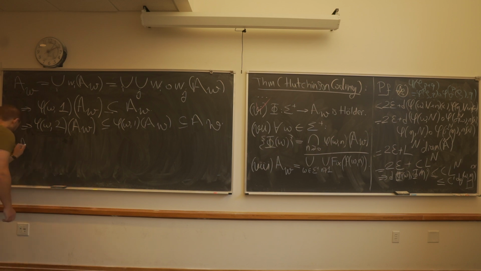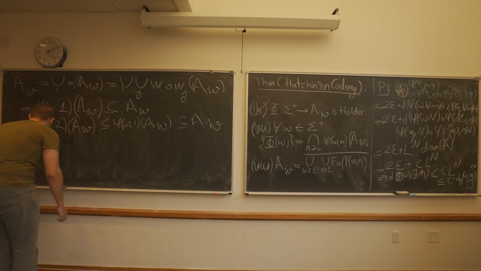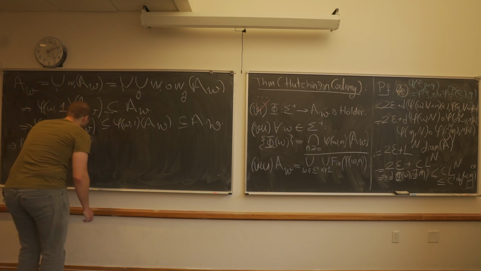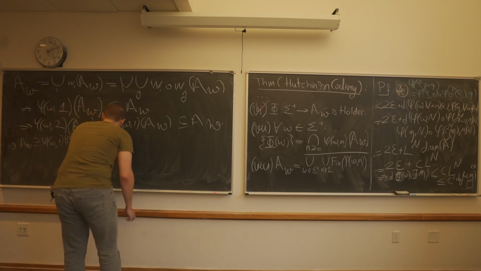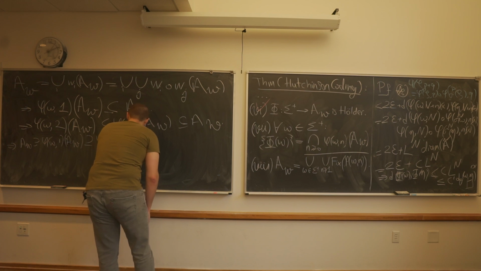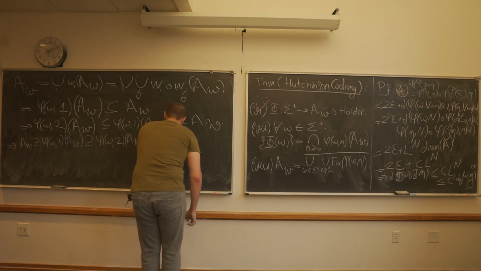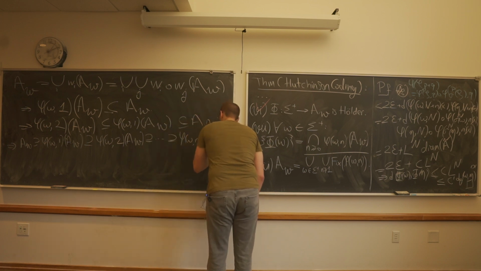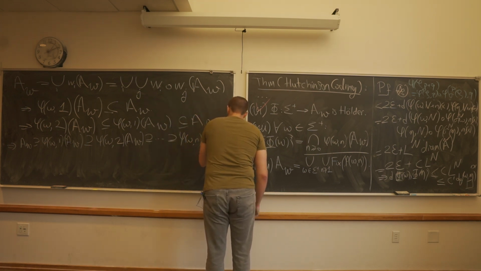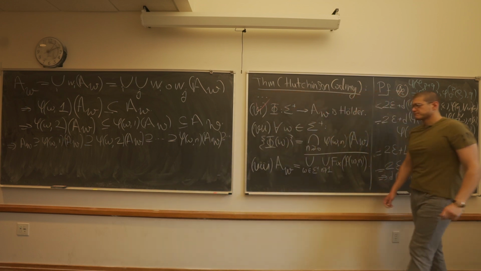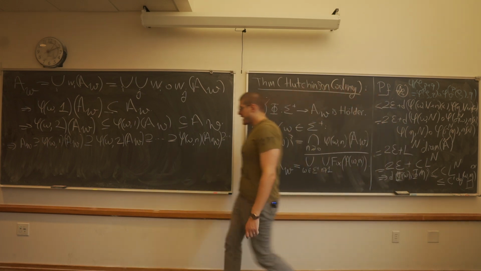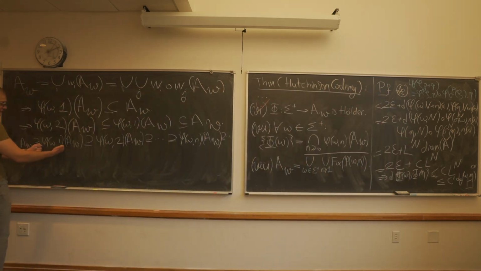Each of these sets is compact because A sub W is compact, and each of these functions is a contraction.